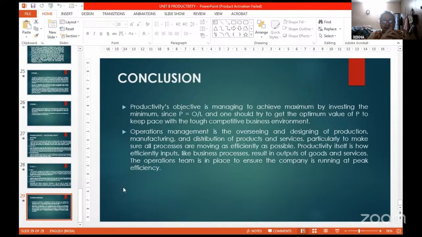So there are so many processes. It is not one, but each and every process should work efficiently. Then only the final result will be desirable, and will satisfy the goals of that particular industry or organization. So that is all in your productivity.